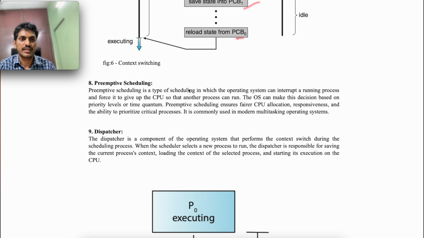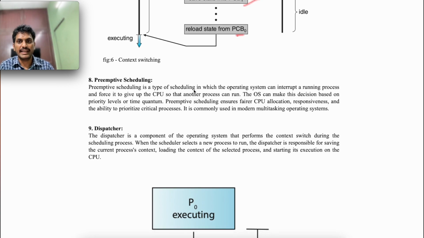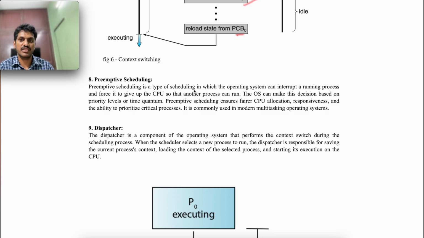Next one, preemptive scheduling. What is preemptive scheduling? It is a type of scheduling where you interrupt one running process and give the chance to another important process. That is called preemptive scheduling. I'm repeating again: interrupting some running process and giving the chance to another to run.